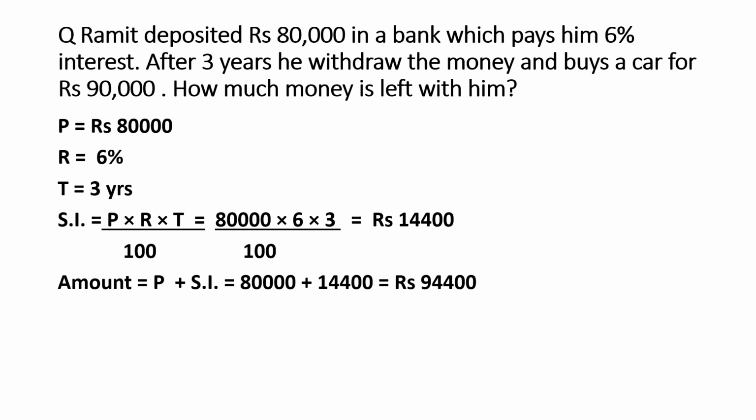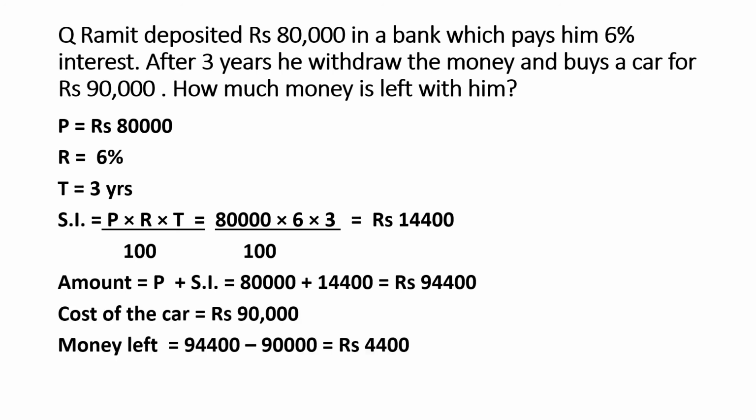Now this money he got back from the bank, and from this money he purchased a car for rupees 90,000. So how much money is left with him? The cost of the car is 90,000, so the money left is 94,400 minus 90,000, that is rupees 4,400. So the home assignment for today: do worksheet 4 of chapter 5.